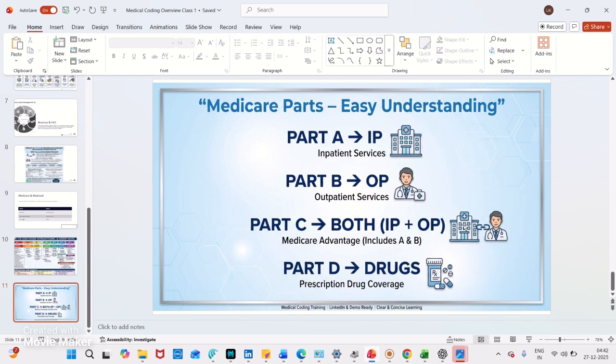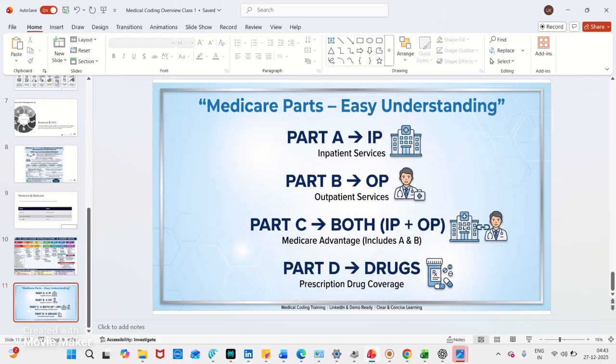Medicare has 4 main parts. To understand easily, remember this simple logic. Part A is inpatient services. When a patient is admitted to the hospital and stays at least one night, meaning above 24 hours, Medicare Part A applies. It covers hospital stay, bed charges, nursing care, and services provided during admission.